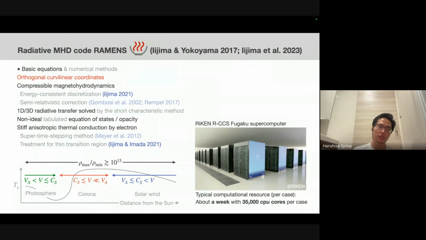And also the temporal and spatial scales are very different between the photosphere and the solar wind. We need large supercomputers. In this study, we used the Fugaku supercomputer at RIKEN R-CCS. The typical computational resource introduced in today's talk is about a week with 35,000 CPU cores per case.